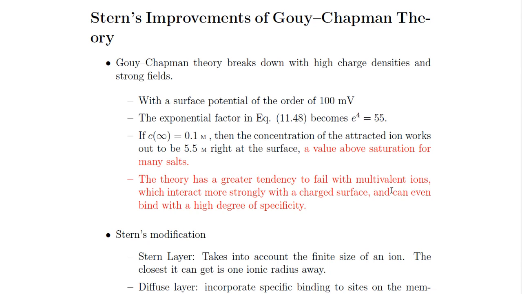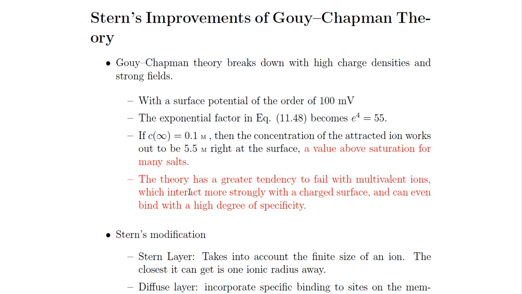So that is a value above saturation for many ions. Okay, so there are too many ions at the membrane.